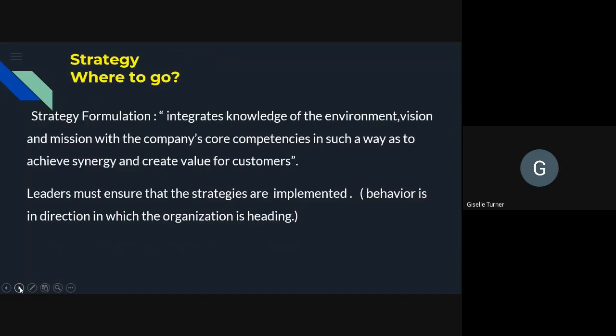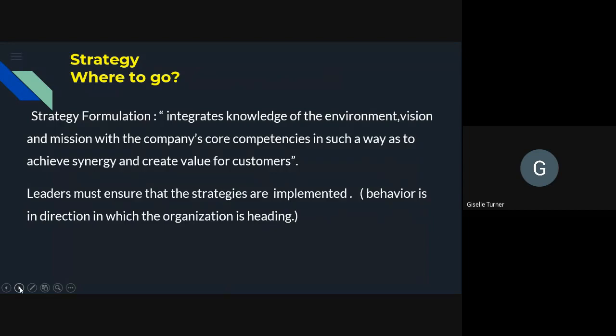So, where to go? Strategy formulation. This integrates knowledge of the environment, vision, and mission with the company's core competencies in such a way as to achieve synergy and create value for customers, which is basically what I have just said. Leaders must ensure that the strategies are implemented.